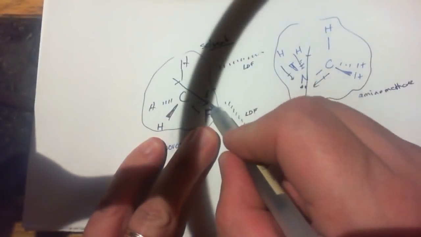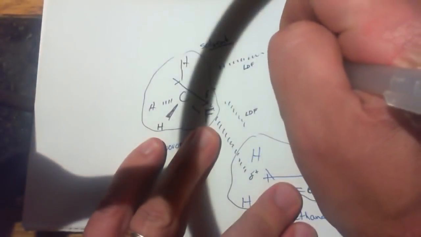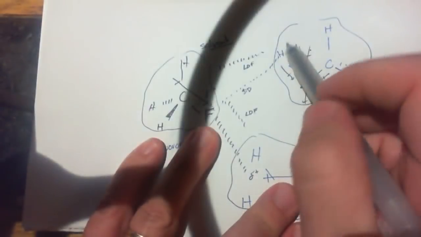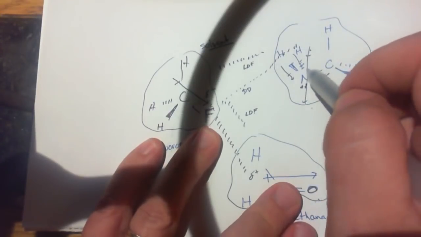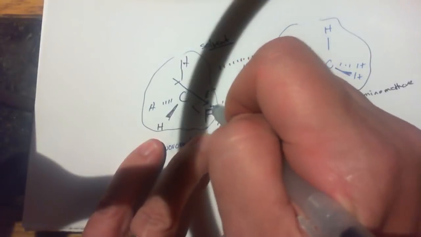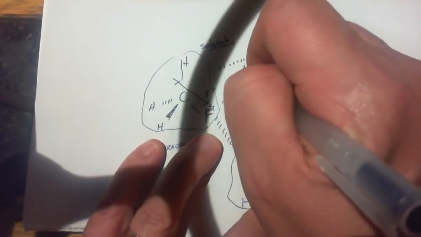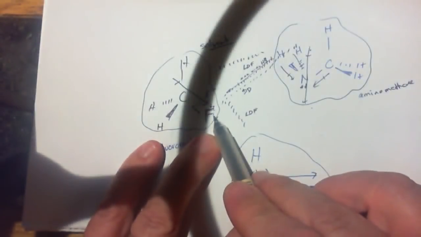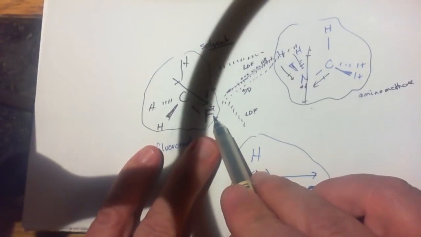I'm going to get an attraction between the slightly negative and the slightly positive end of the two molecules. That's my dipole-dipole. And now here I have a hydrogen bonded to a nitrogen. So this hydrogen can be attracted to the lone pairs on these fluorines. And so I could get a one-way hydrogen bond. I wouldn't get a two-way because this molecule cannot form the reciprocal hydrogen bond attraction.